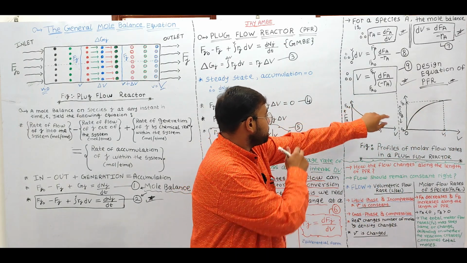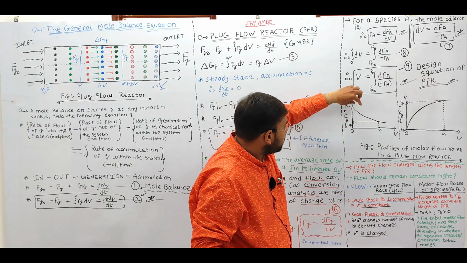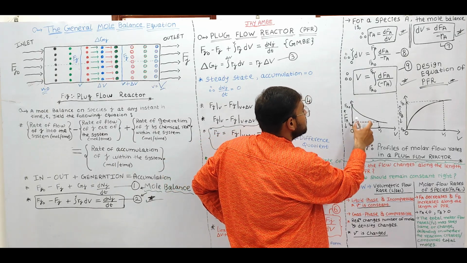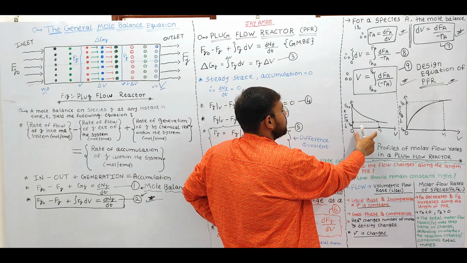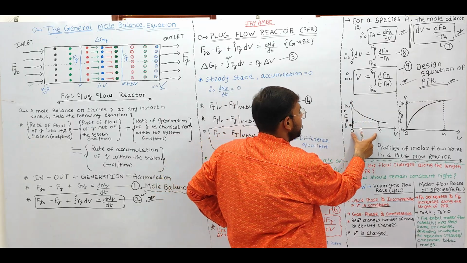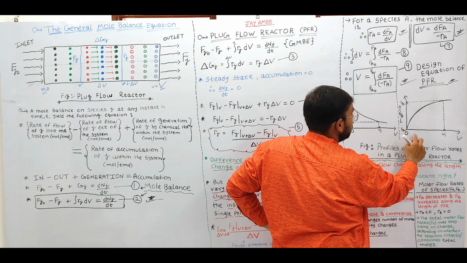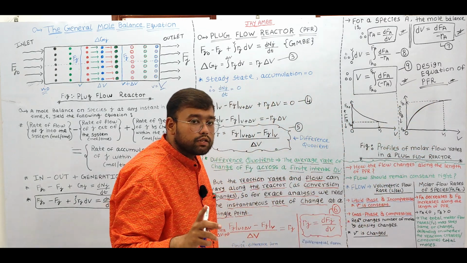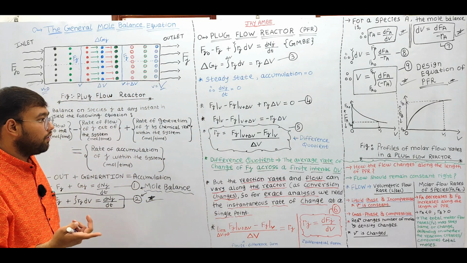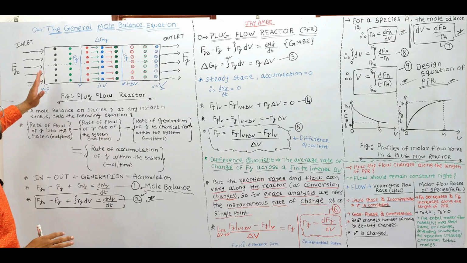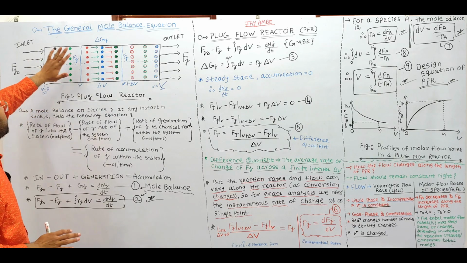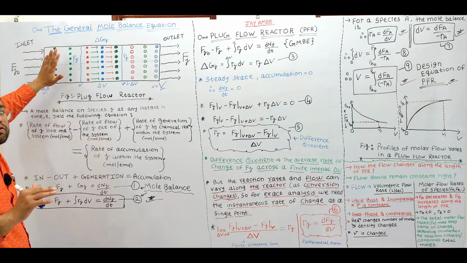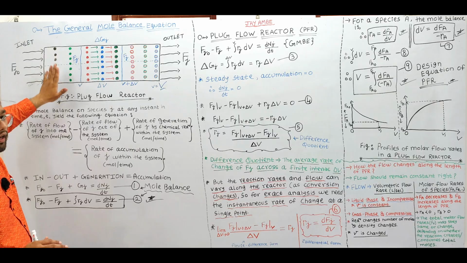So let's say here, from here to here, this part where we have the steepest slope, right? And in the same way from here to here we have the steepest slope. This steepest slope in the reactant molar flow rate and in the product molar flow rate indicates that the initial length and volume of the reactor will have a higher concentration of reactants.